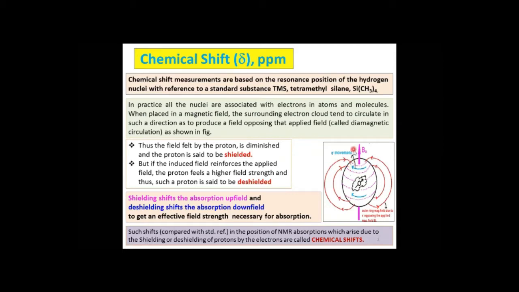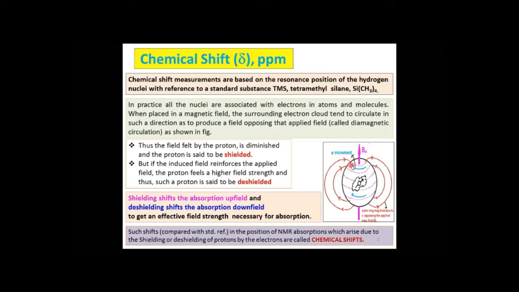But the same secondary magnetic field, when it is reinforcing the applied magnetic field, otherwise when it remains parallel to the direction of the applied magnetic field, is said to be paramagnetic in nature.